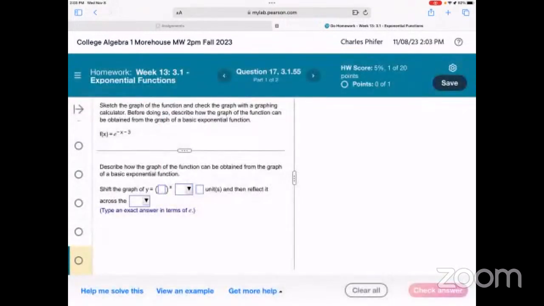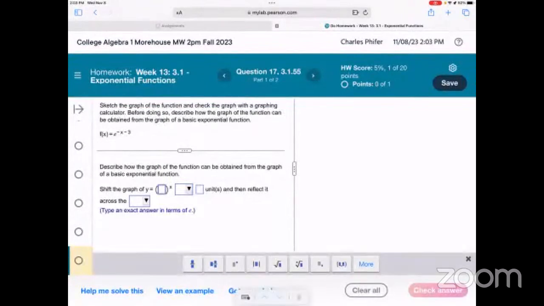When x is -3, the corresponding y is 1, right? So that means if we go right by 3 and then flip over the y, that'll put it in the proper location.